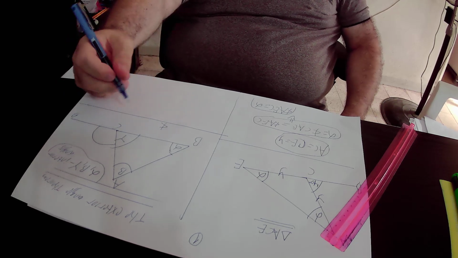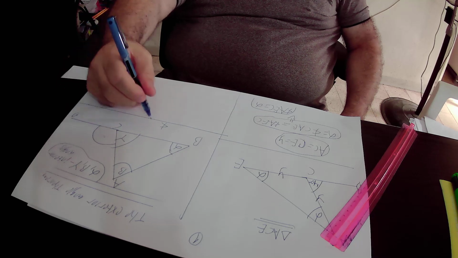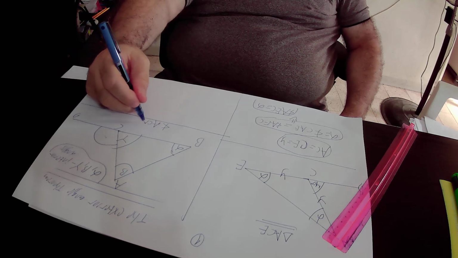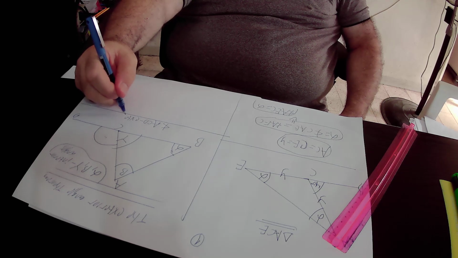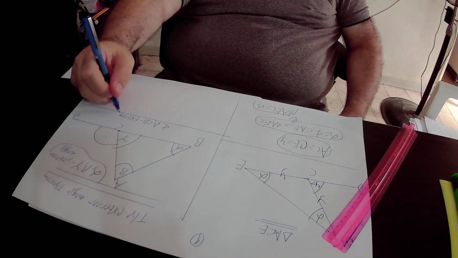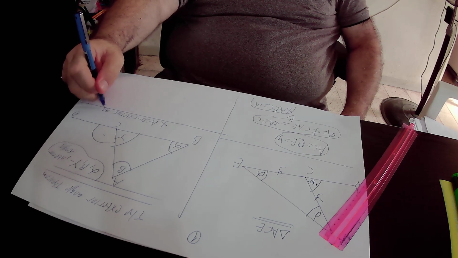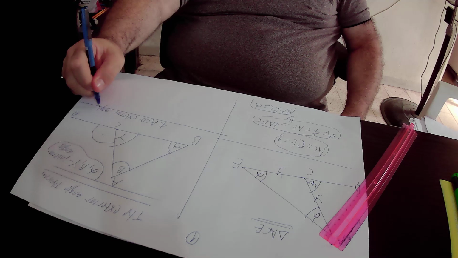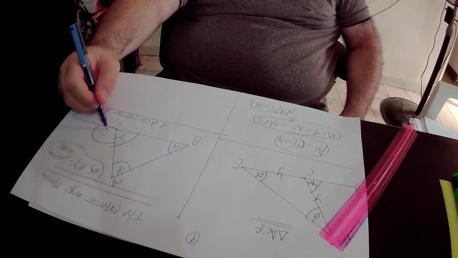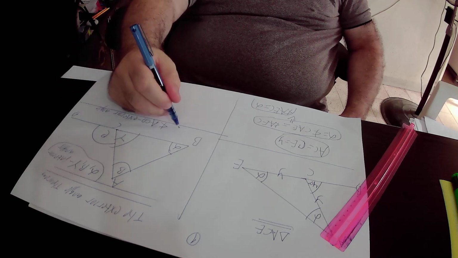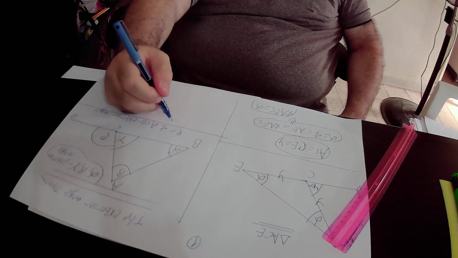Angle ACD is defined as an exterior angle of triangle ABC because it is located outside triangle ABC. So we define the exterior angle ACD as E. E equals ACD according to our definition.